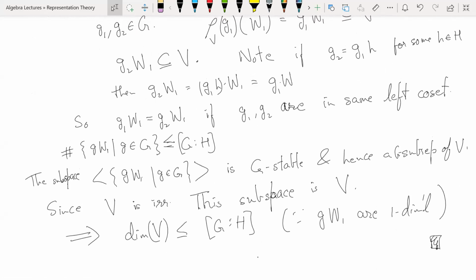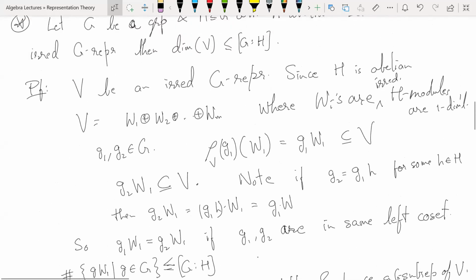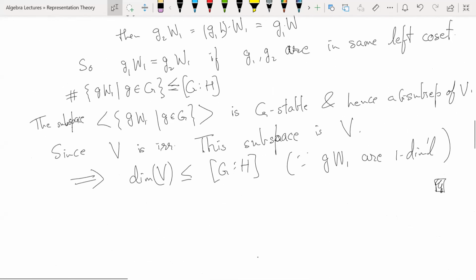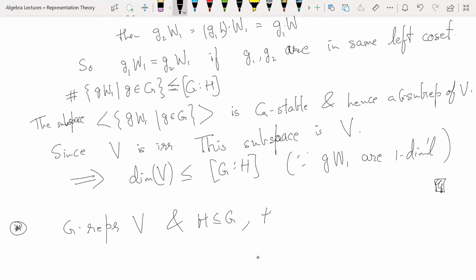There is also one thing I wanted to say. If you are given a G representation V, and H is a subgroup of G, then V is an H representation via restriction.